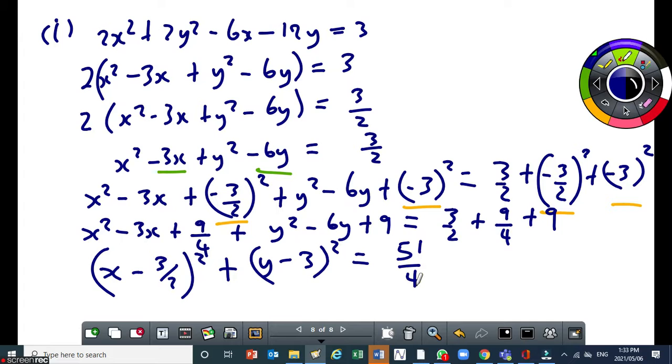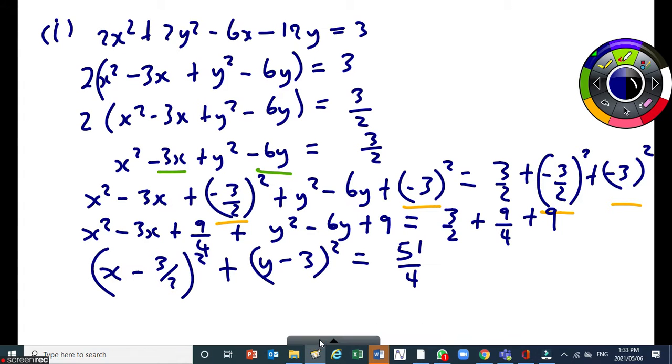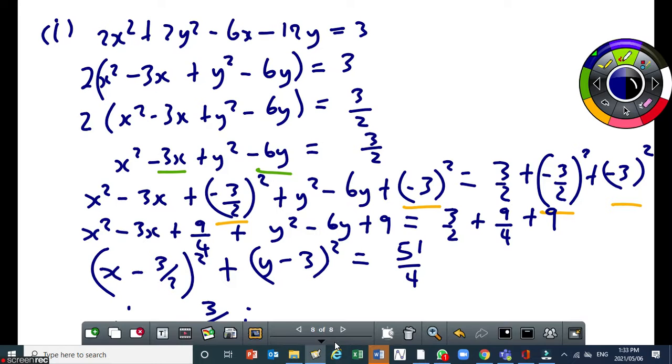Right? So once you get here, yes. Alright, so since there's a minus there, our center is going to be at the point where x is 3 over 2. So let me use a different color here to make it more colorful.